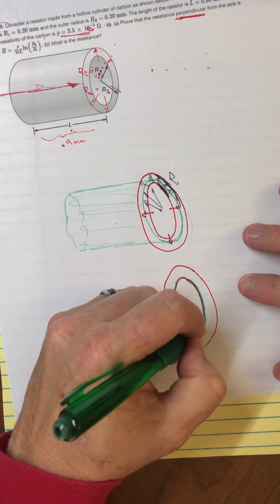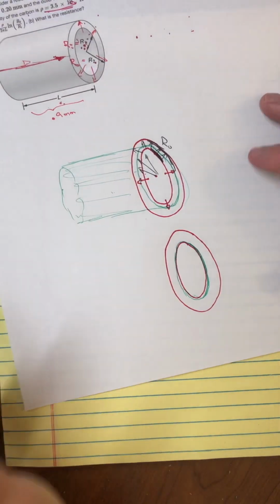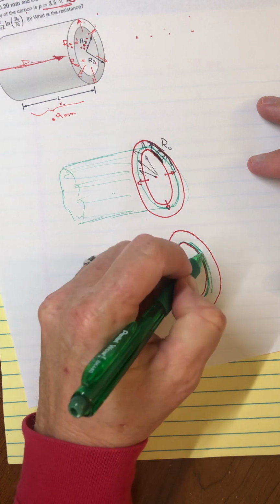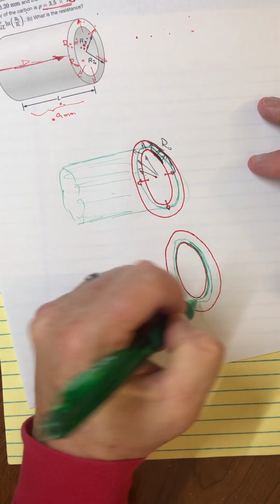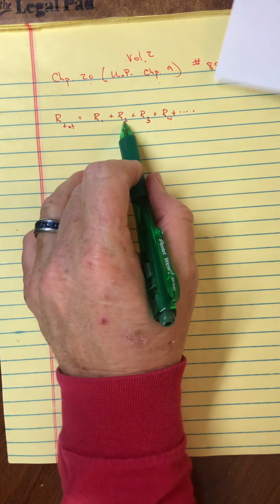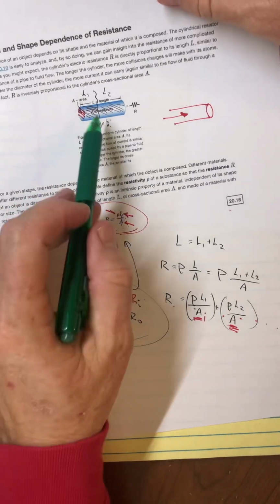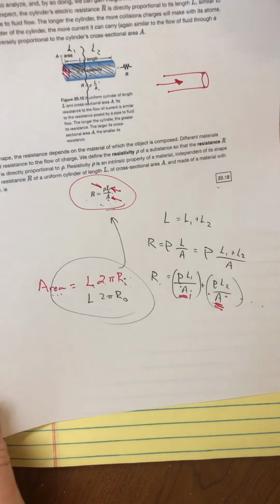And that's what I mean by R1. But the next microscopic ring would go around it, and that's what I mean here by R2. And again, I add them together.